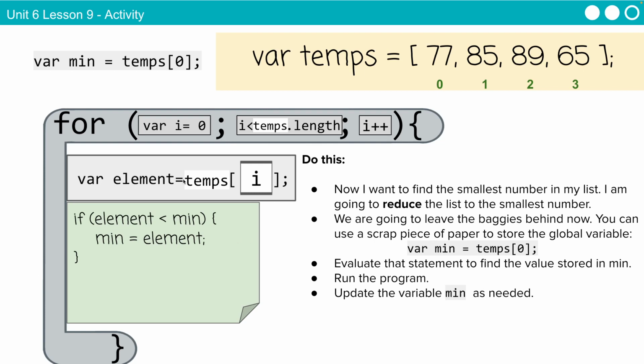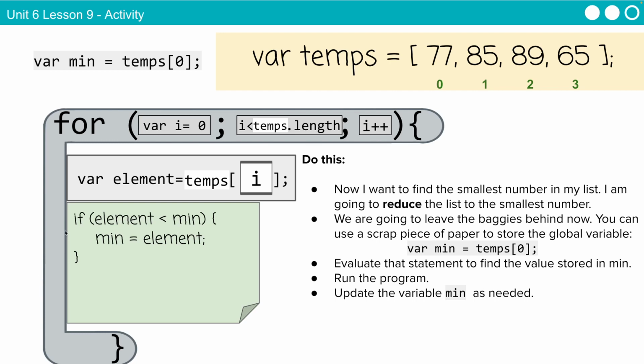Got it? Now it's going to go back through. We're now on i equals 1, right? So we are here. Is 85 less than 77? No. So we're not going to reset the value of min. See, 85 less than 77, that's not true.